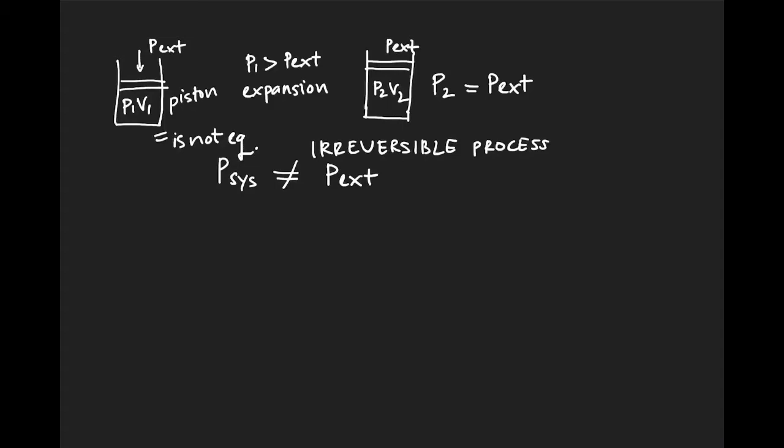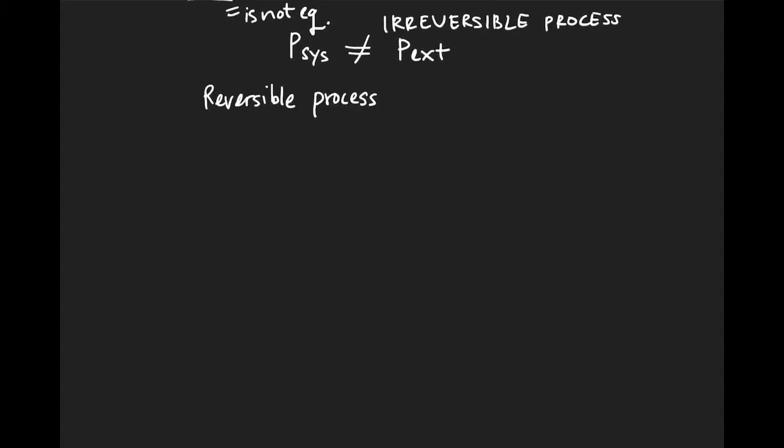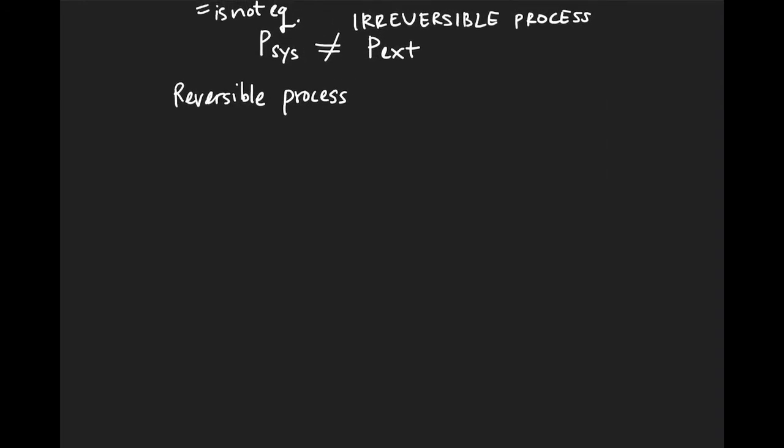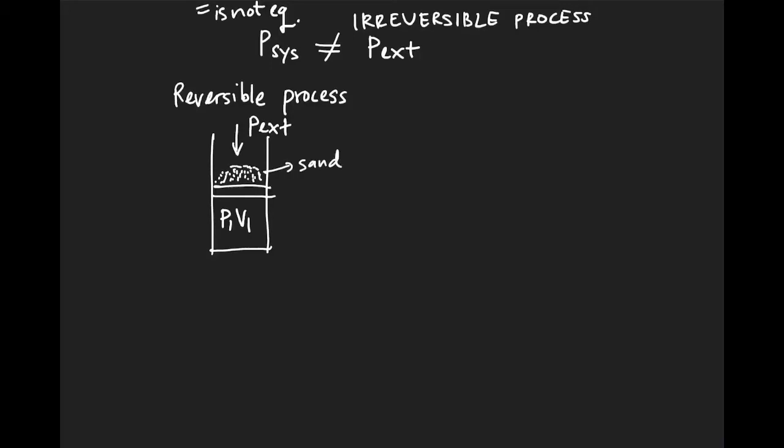While in a reversible process, say you have again a piston with a gas, P1, V1, and you have external pressure, but you also have grains of sand on top of this piston.